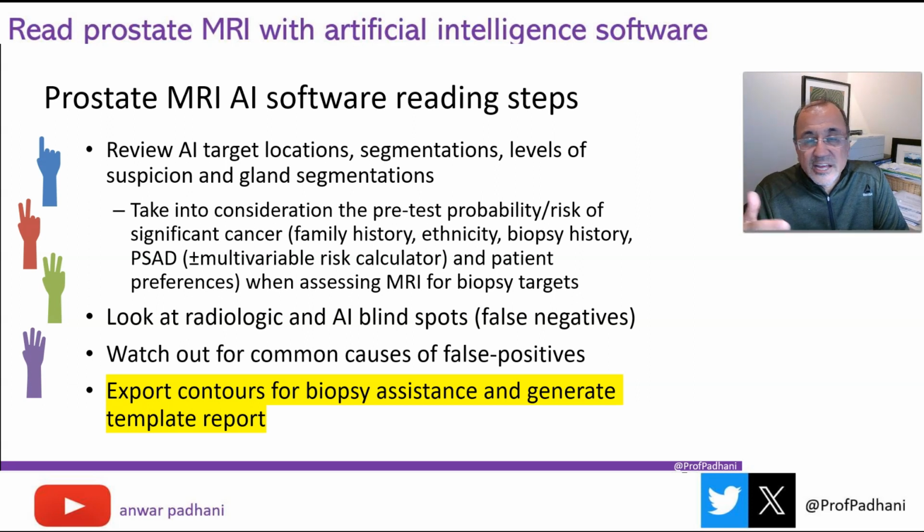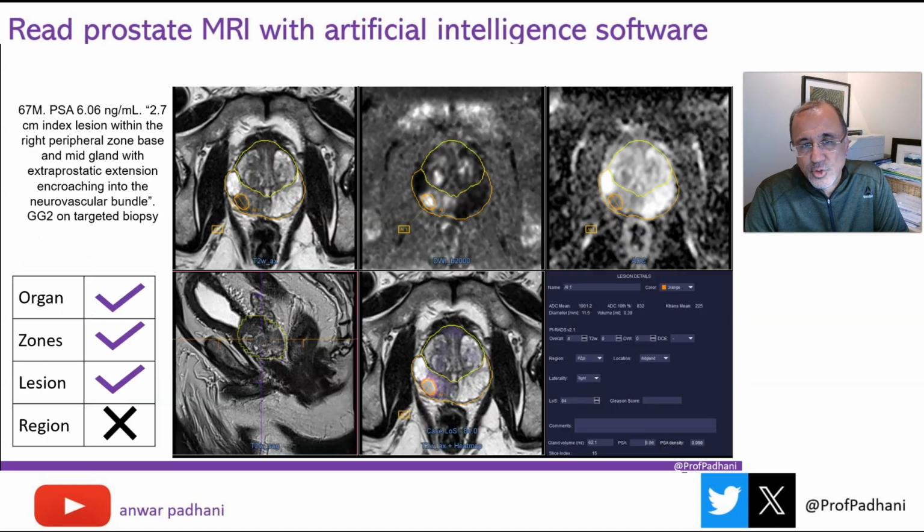Finally, you have to think about exporting the contours for biopsy assistance and to generate, of course, your template report. Now here is an AI identifying and outlining the peripheral zone, the transition zone, and the focal lesion. But what do you notice about this particular patient?